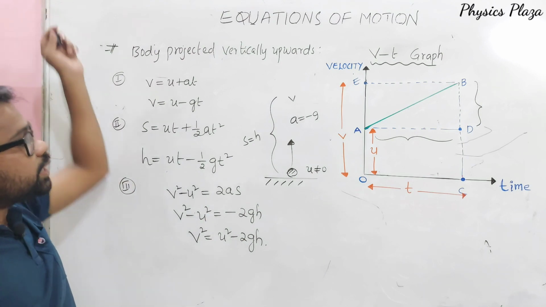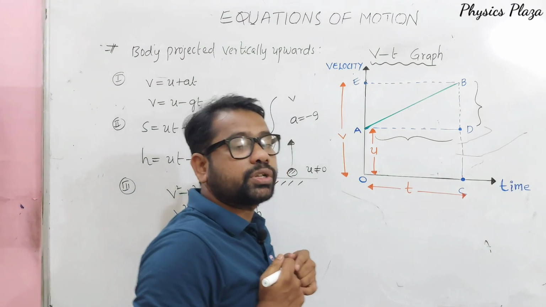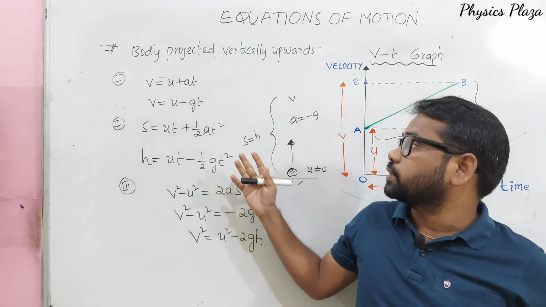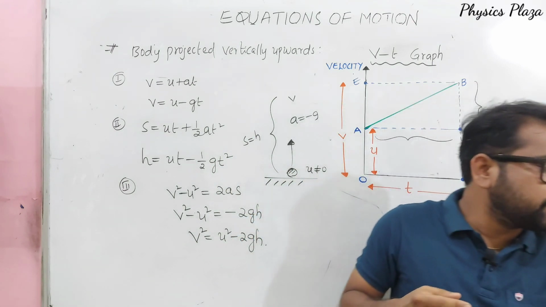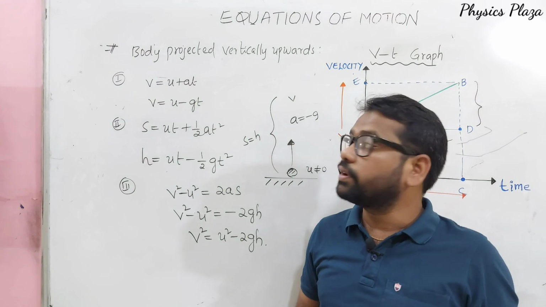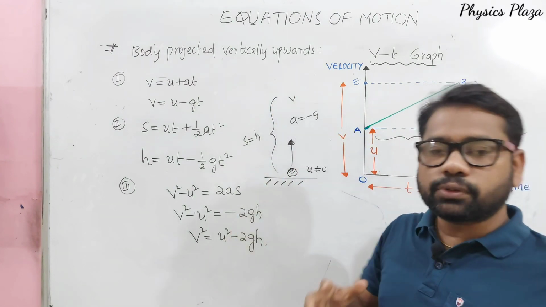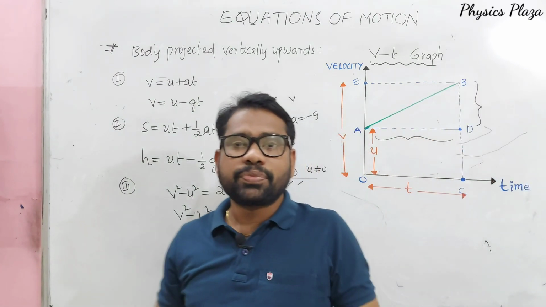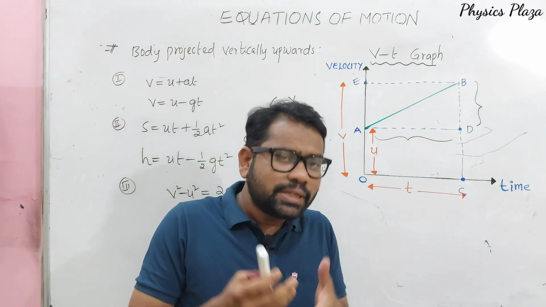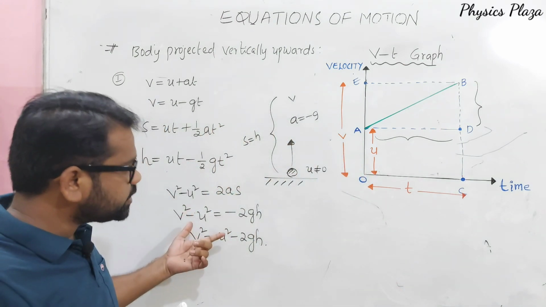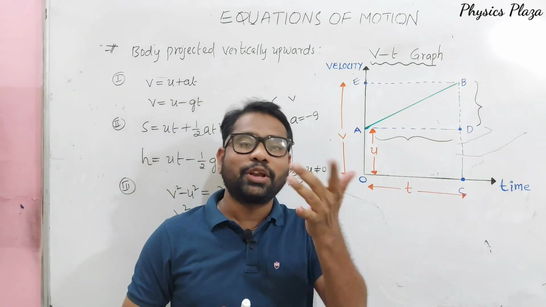So children, this is how equations of motion are modified in this case also. We have seen two cases: the first one is a freely falling body and the second one is a body projected vertically upward. These are the modified equations which we will use in order to solve numericals.